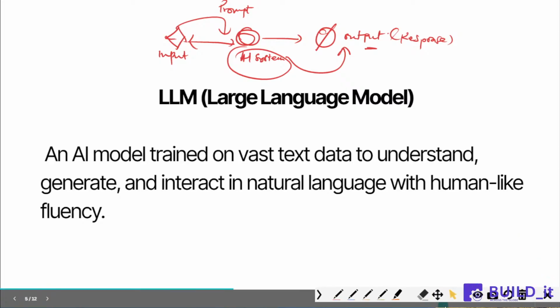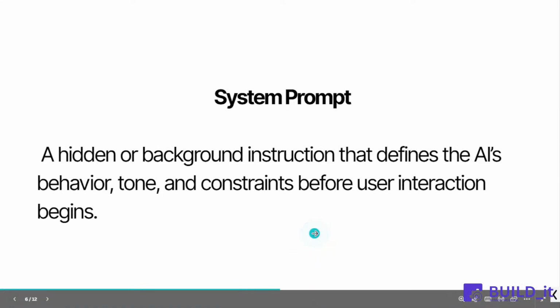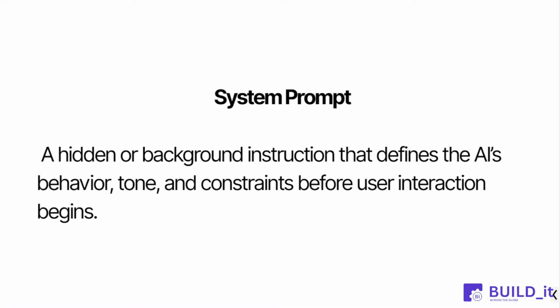Now let's move on to the next concept, which is system prompts. You realize that initially we spoke about a prompt, right? Yes. A prompt is basically the instruction or the input you provide to an AI system to guide its behavior or how it's going to generate an output for you, right?